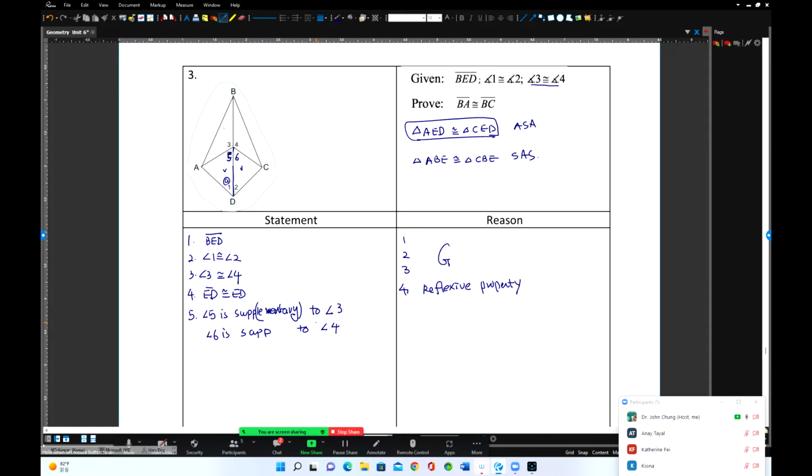Because angles that form a linear pair, do you remember this word? A linear pair forms what? Supplementary angles.